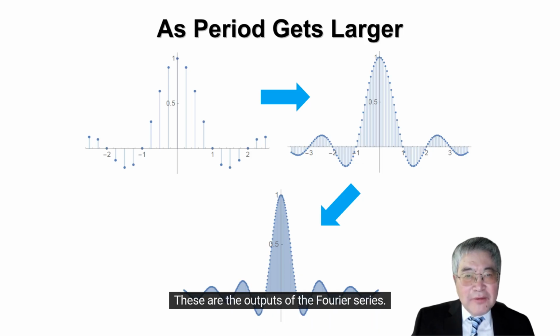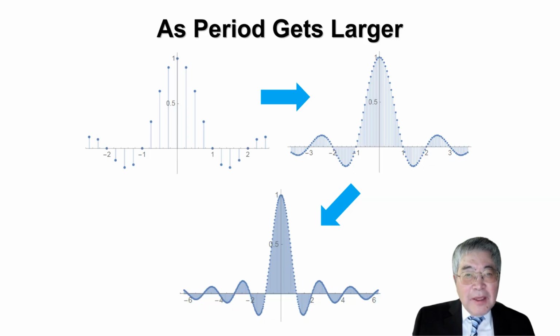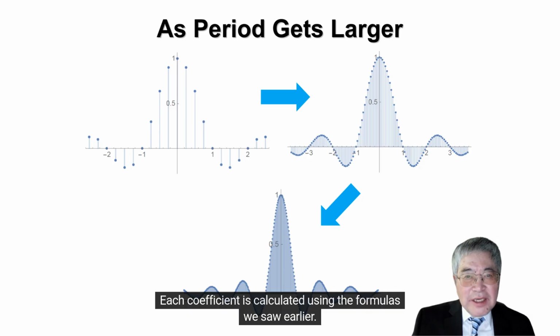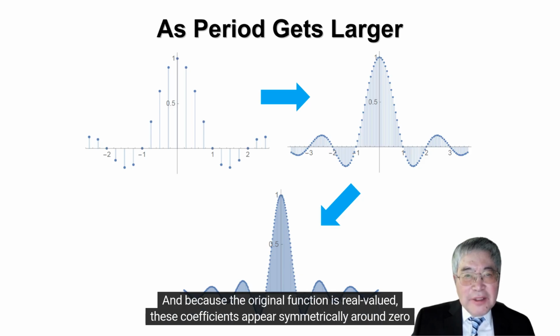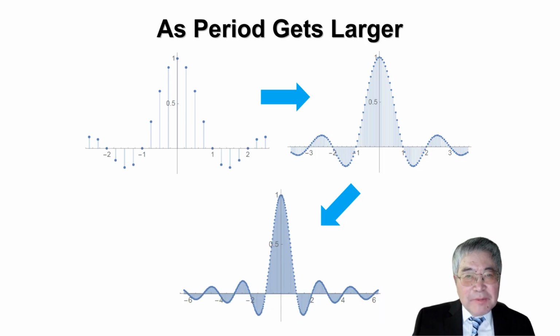These are the outputs of the Fourier series. You've got a DC component at 0 frequency, the first harmonic, the second harmonic, and so on. Each coefficient is calculated using the formulas we saw earlier. And because the original function is real valued, these coefficients appear symmetrically around 0 when using the complex form.